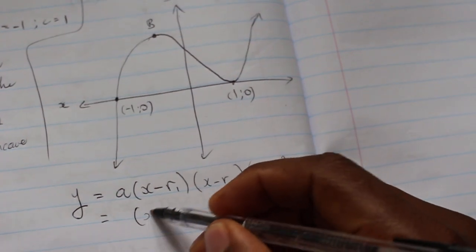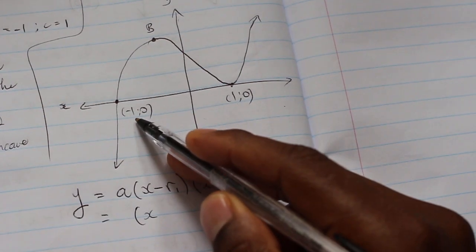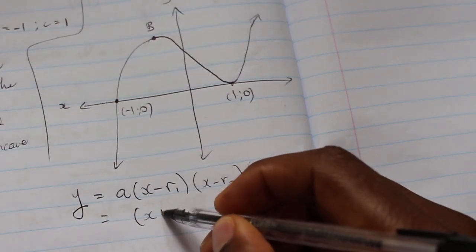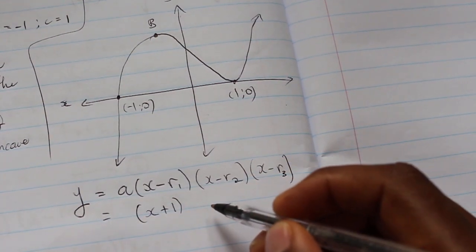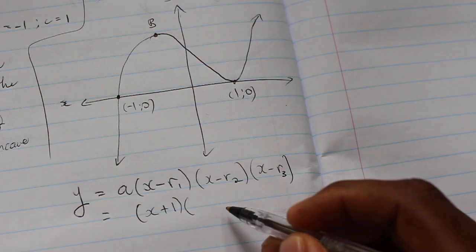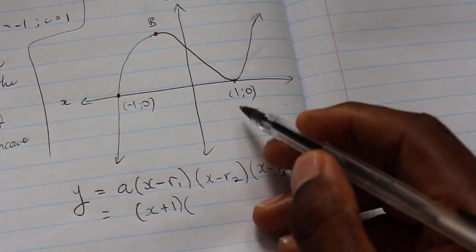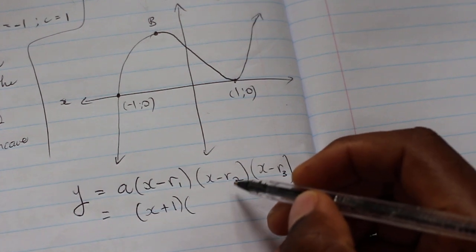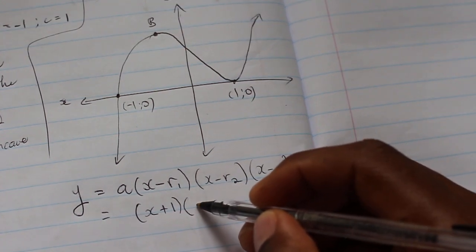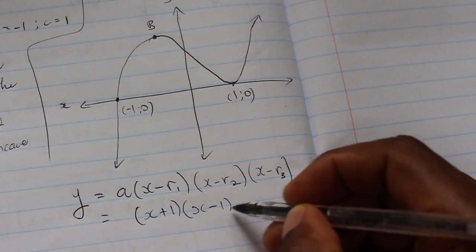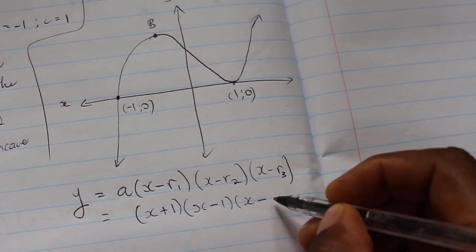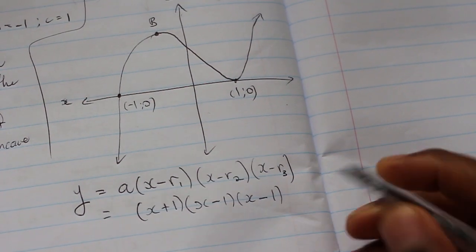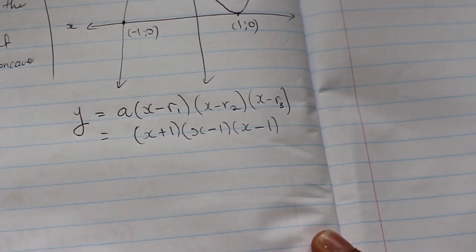So now x minus root 1. Remember, root 1 is -1, so that's x plus 1. Minus -1 is plus 1. And then x minus root 2. Remember, it's 1, and the third is also 1. So x minus 1, also x minus 1. So there we go.